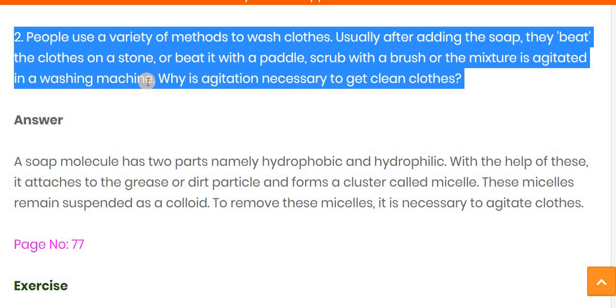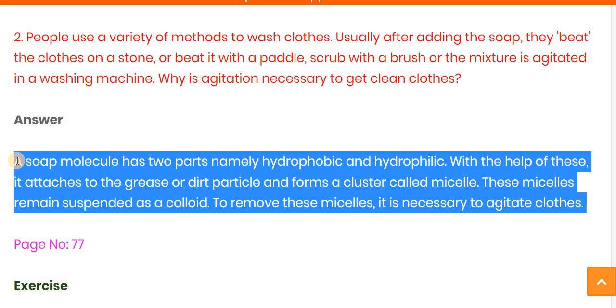Now let's see the question: people use a variety of methods to wash clothes. Usually, after adding the soap, they beat the clothes on a stone or beat them with a paddle, scrub with a brush, or the mixture is agitated in a washing machine. Why is agitation necessary to get clean clothes? The answer is: a soap molecule has two parts, namely hydrophobic and hydrophilic.